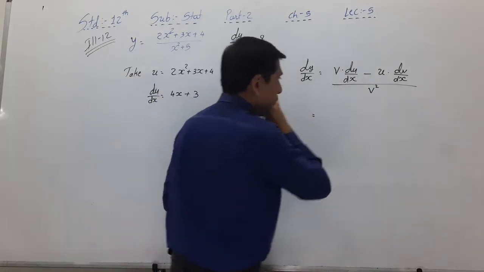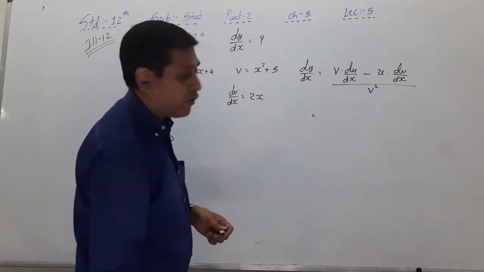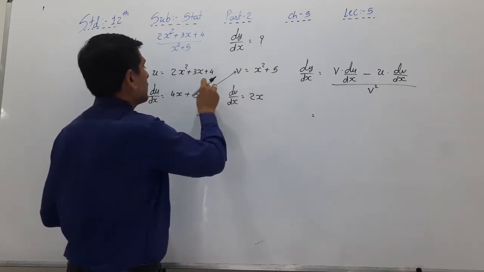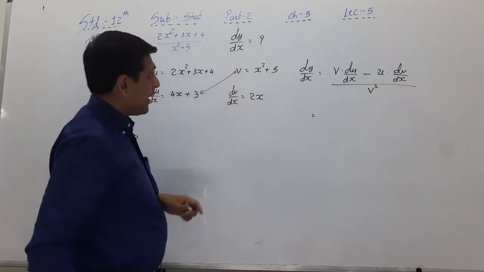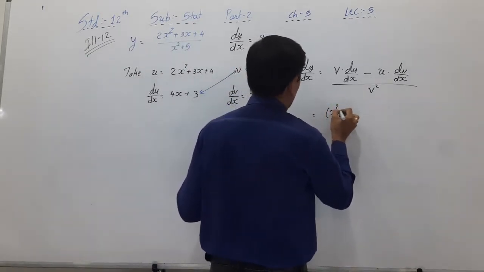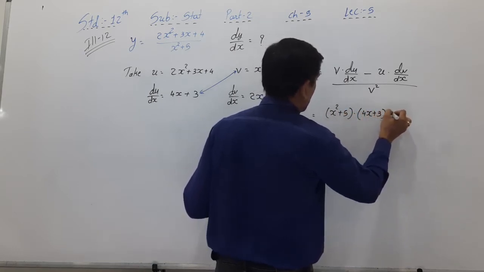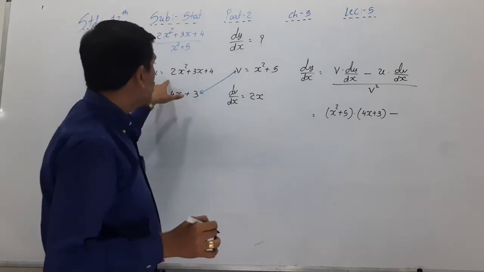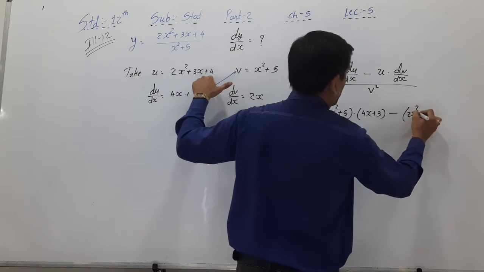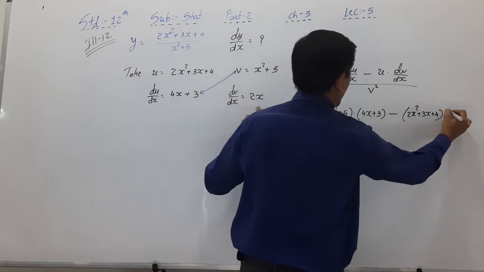Now put the values here: v into du by dx. Here the multiplication is a cross multiplication, you can say: x square plus 5 into 4x plus 3. Minus u, that is 2x square plus 3x plus 4, into dv by dx, 2x.